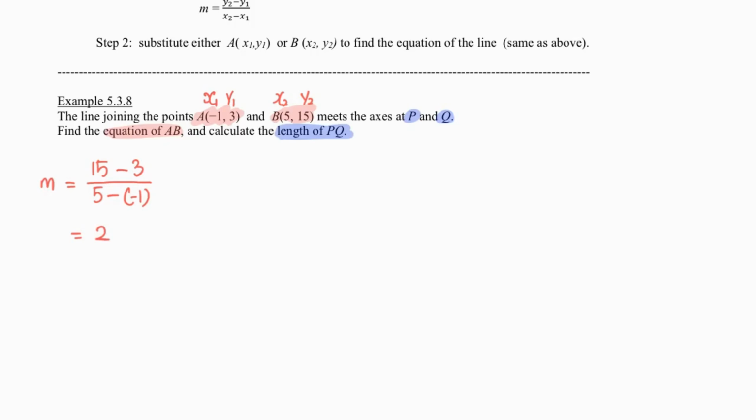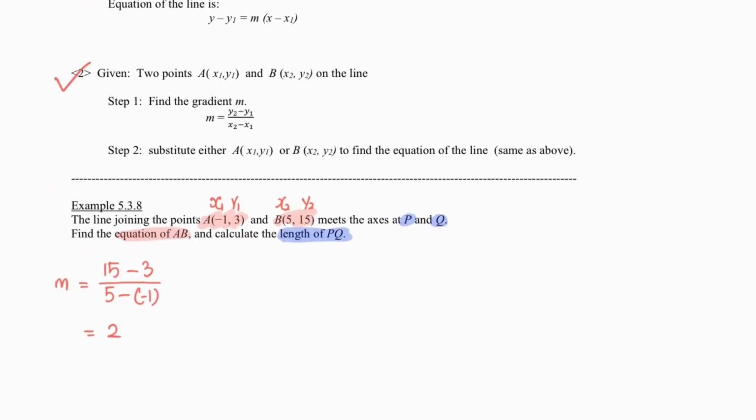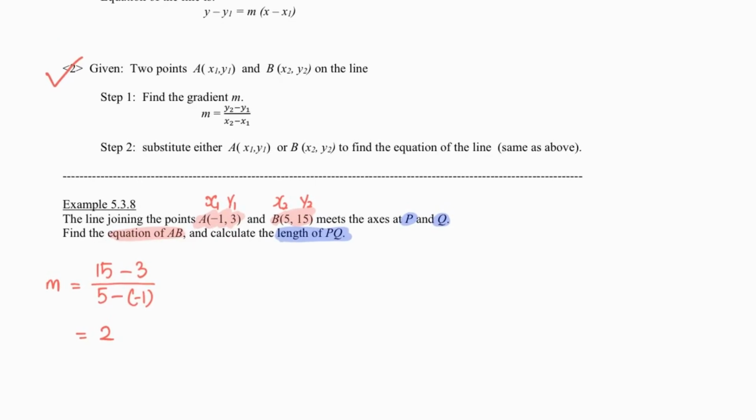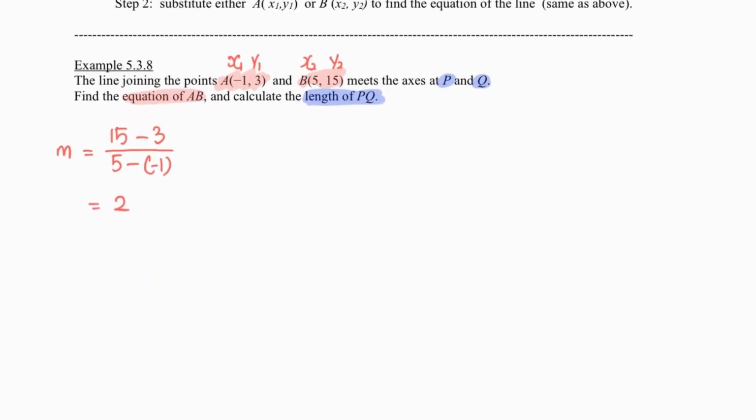Step 2 is to substitute either point into the equation, which is y minus y1 equals m bracket x minus x1. I'm going to substitute B because it's all positive numbers. I generally like positive numbers.